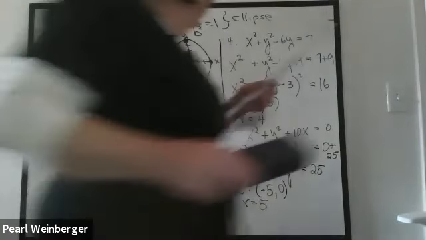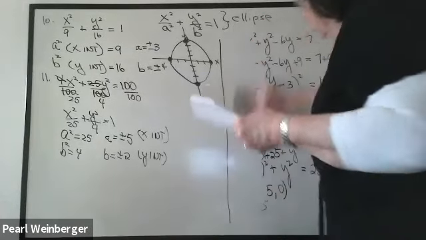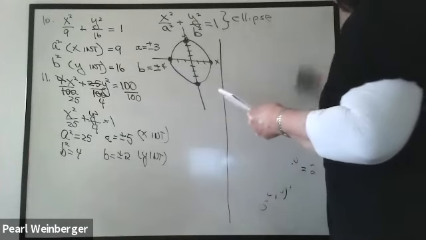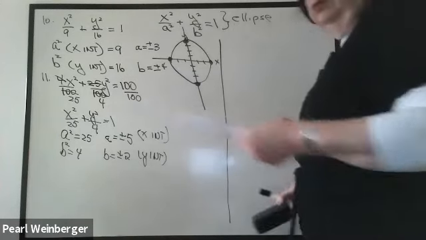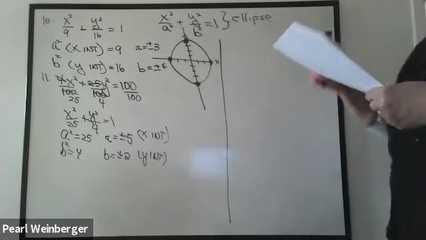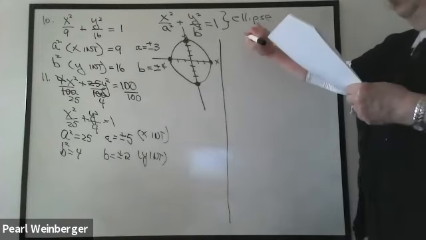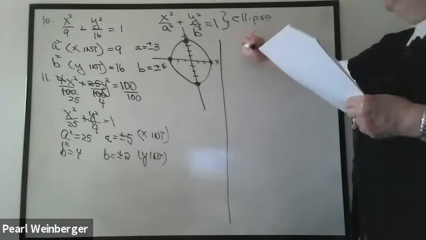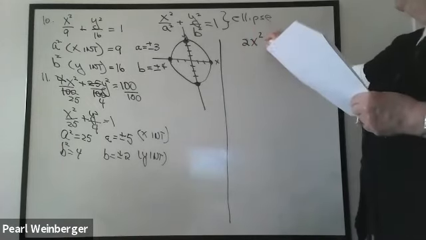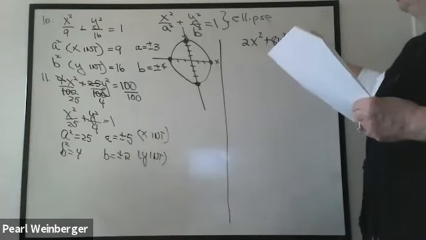Now, number 12. Find the intercepts and graph 2x squared plus 8y squared equals 32.